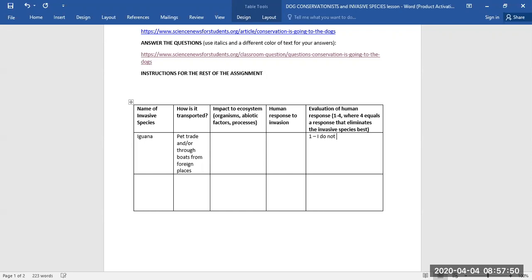I do not think that most homeowners would kill iguanas found on their property. So that's my opinion. If you can find substantiated support, in other words, find support within a document that you are researching, that would be a lot better.